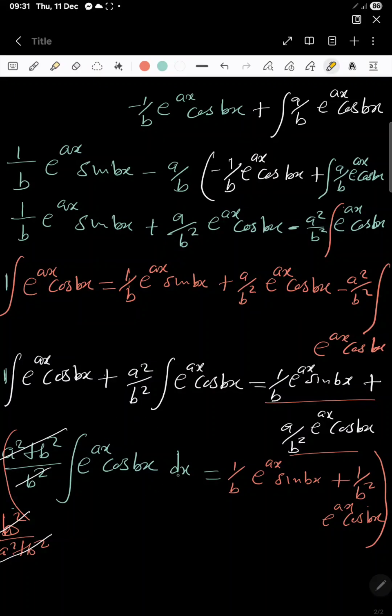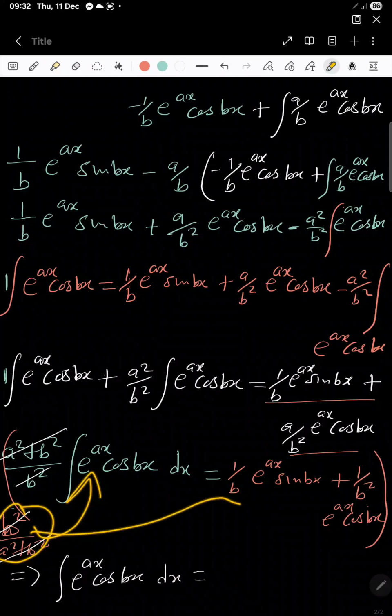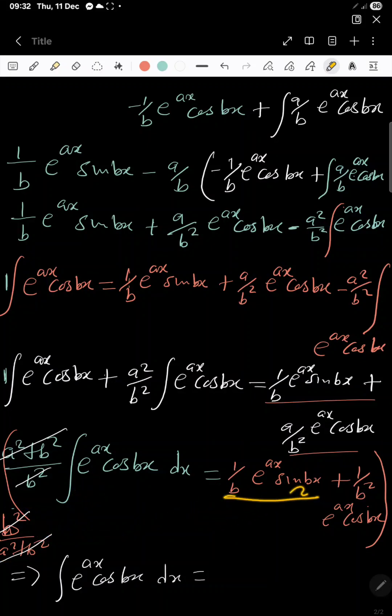We can write it as the integral of e to power ax cos bx dx is equal to, we also multiply it to the other side: 1 over b times b squared over a squared plus b squared, meaning one of the b's goes, and we remain with b on top over a squared plus b squared.